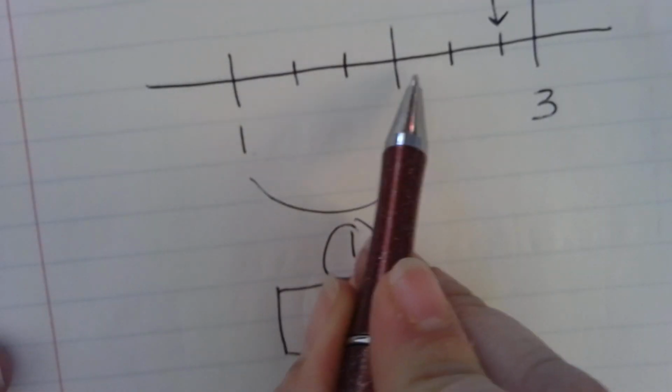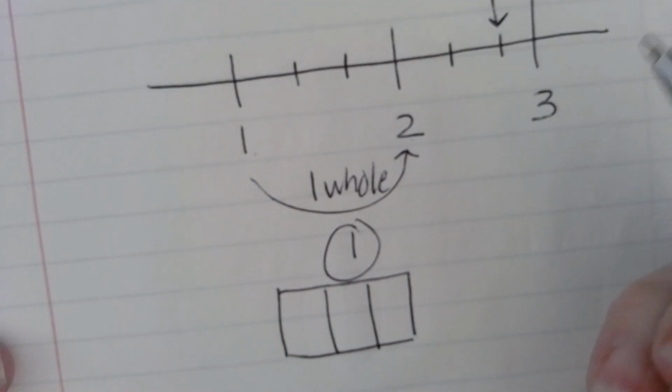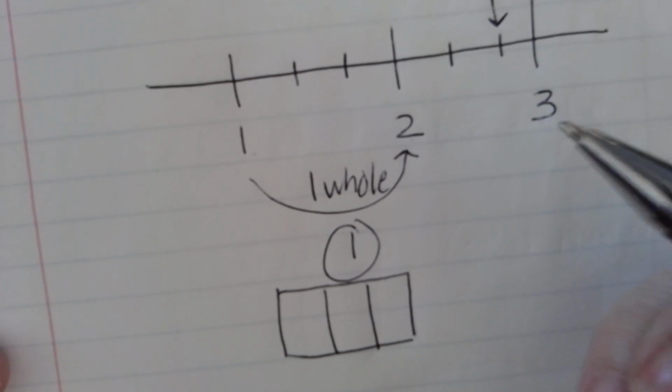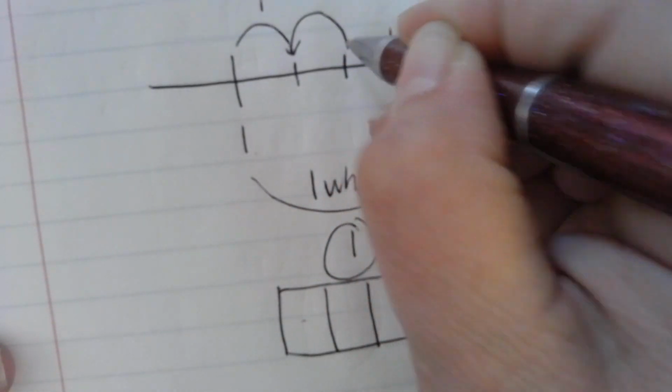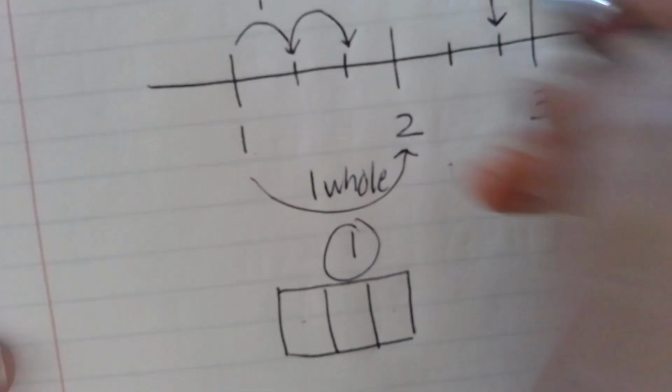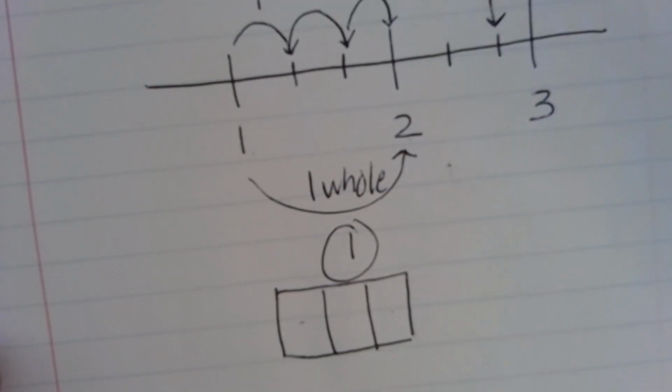To get from 1 to 2, this is one whole, right? Now here are my pieces of my cake that I identified: 1, 2, 3. I've got one piece here. Here's my second piece. And when I get to the 2, there's my third piece.